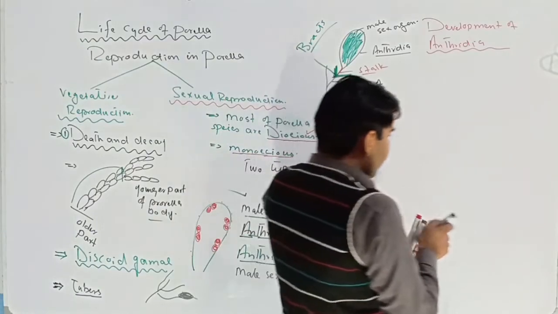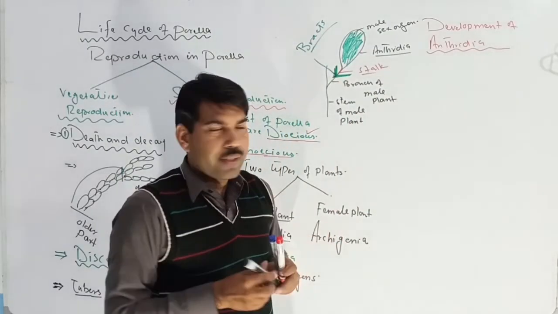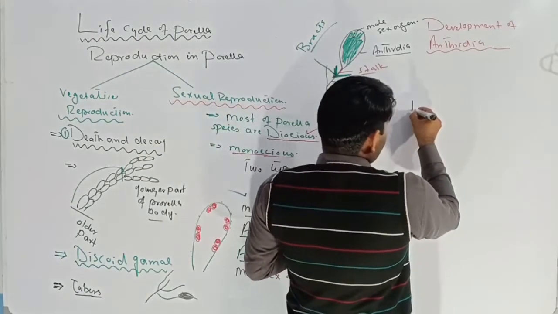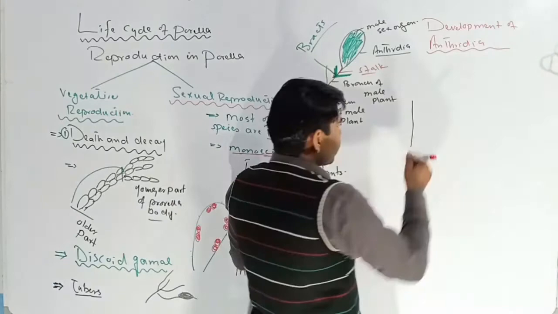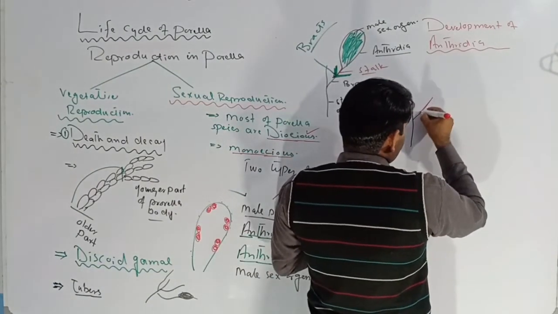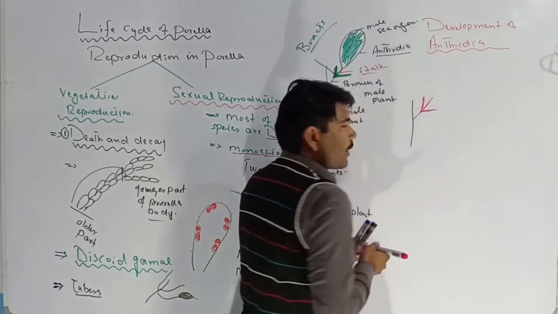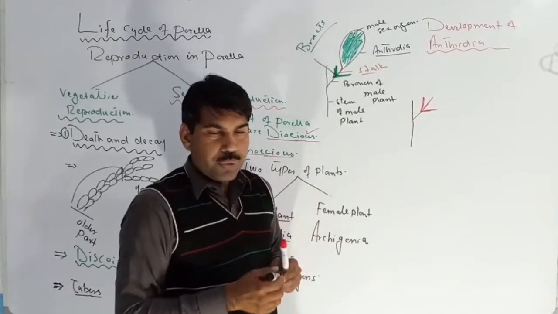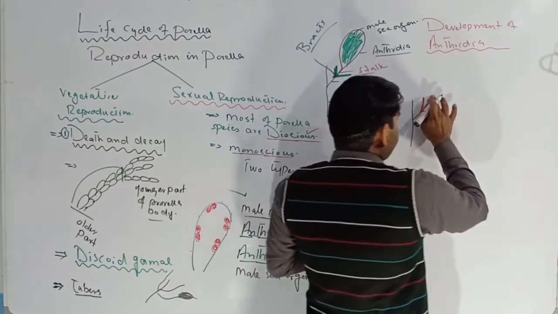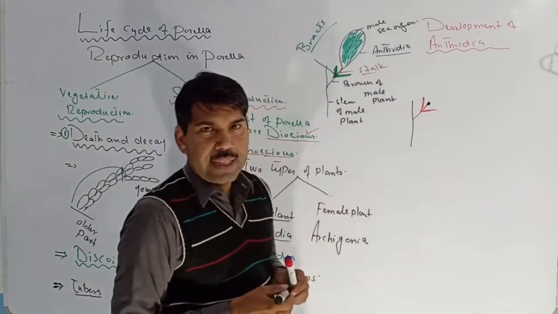Keep in mind that we are going to discuss it diagrammatically. For example, this one is a main stem and this one is a branch, and these are the bracts, which are structures covering the male portion, and this is the apical portion or apical cell.